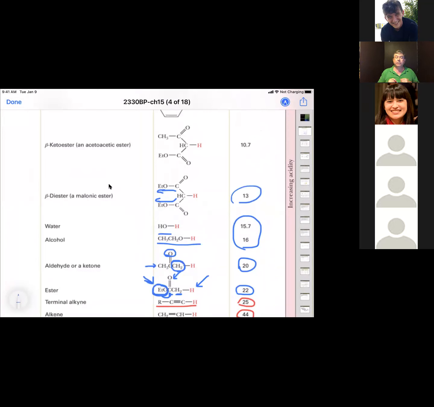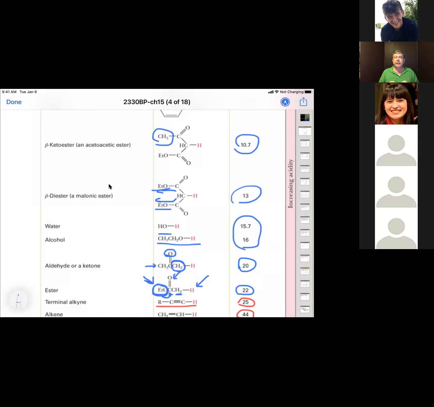It becomes more acidic. So by putting a CH2 between two esters, it becomes more acidic. But those oxygens in the esters can donate electron density to the carbonyl too, so they're less inductively withdrawing. So let's remove one of the esters and put a carbon there. It becomes more acidic.